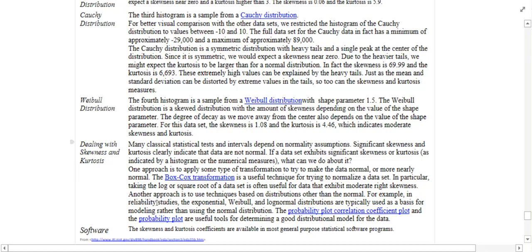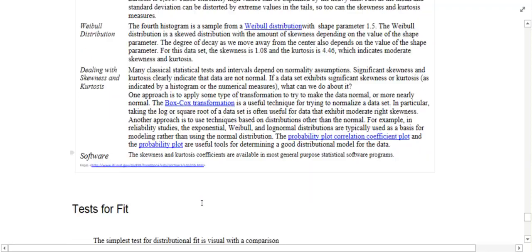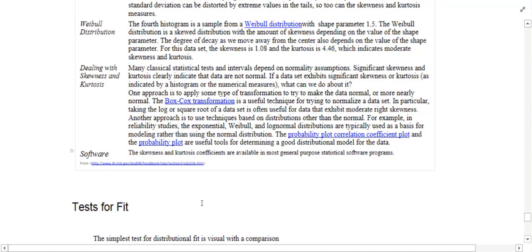For example, in reliability studies, the exponential, Weibull, and log normal distributions are typically used as a basis for modeling rather than a normal, because it's a better fit to the data. The probability plot and the probability plot correlation coefficient plot are also useful tools for that.